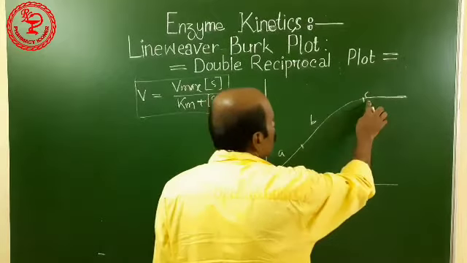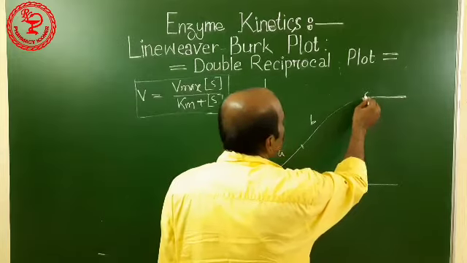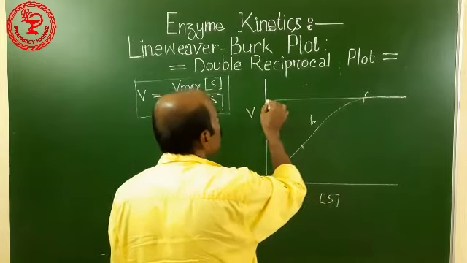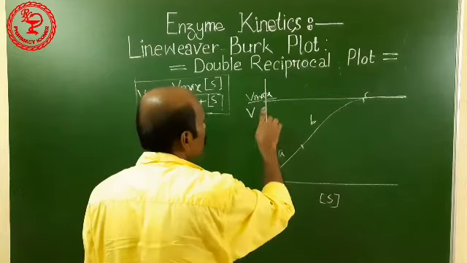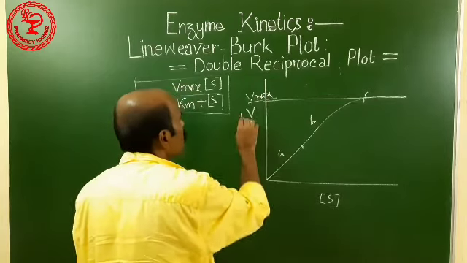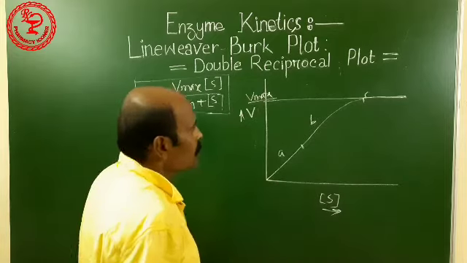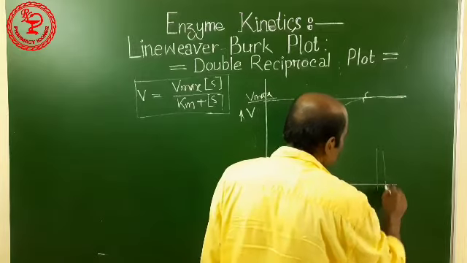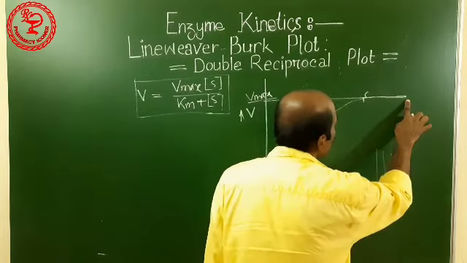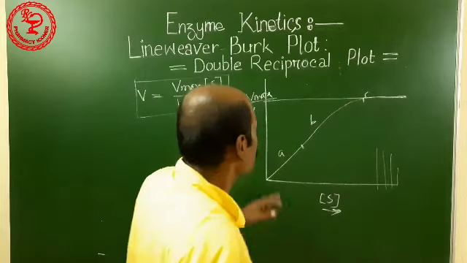So here, when velocity reaches maximum, it is called the Vmax, maximum velocity. If we add more substrate after that, there will be no change. So this point is called the maximum velocity.